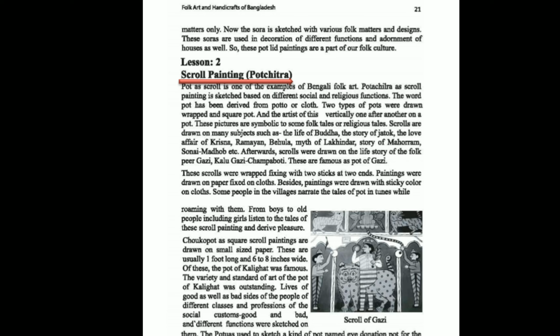Warped pot chitra is drawn on cloth using sticky color. The main subjects of warped pot are the life of Buddha, the story of Jatak, Radha Krishna, Ramayan, Behula Lakhindar, the story of Muharram, etc. Gaji pot is the famous pot chitra in Bengali culture.